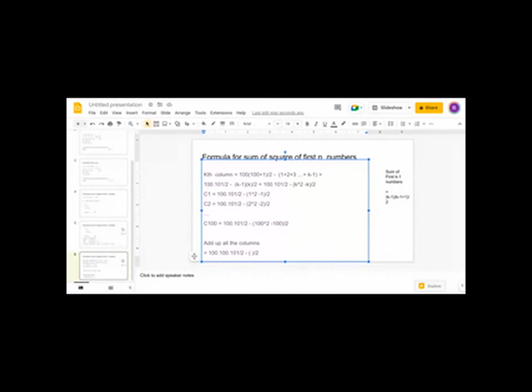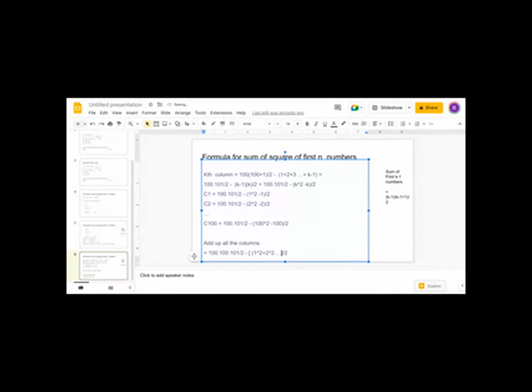Can we simplify that? Rearrange it and simplify that? What do we get? Can I collect the squares together and the non-squares together? Yes, sir. Then what do we get? We'll get two sums, right? You will get 1 squared plus 2 squared.